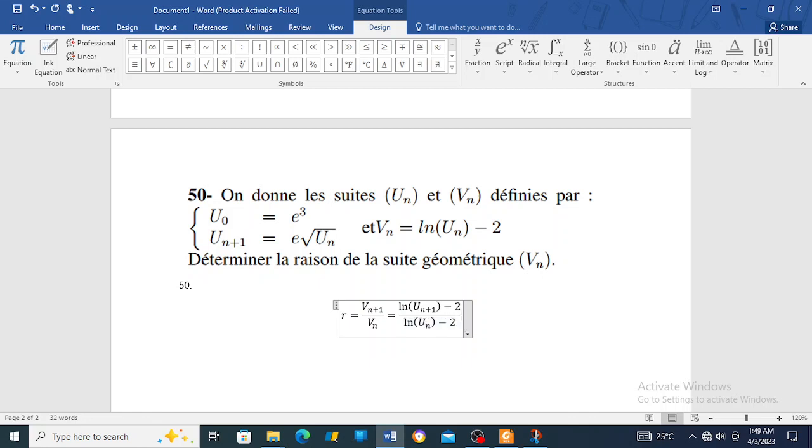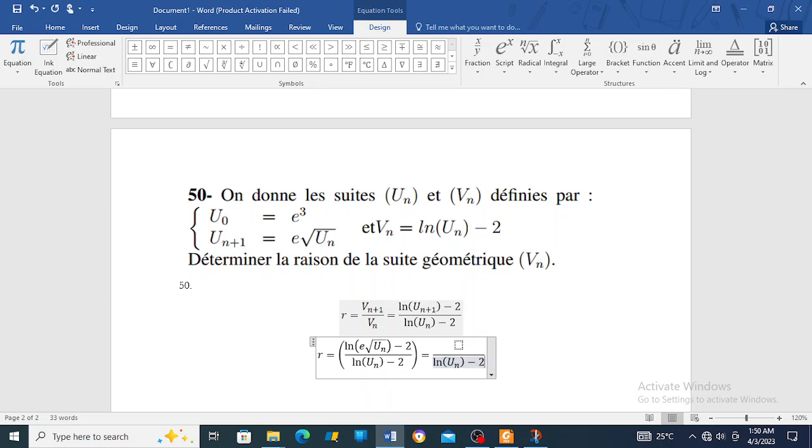So our common ratio becomes: let's just write our denominator, the ln of un minus 2, first. Now what is un plus 1? It is e times the square root of un, as you can see. Then we need to subtract 2.